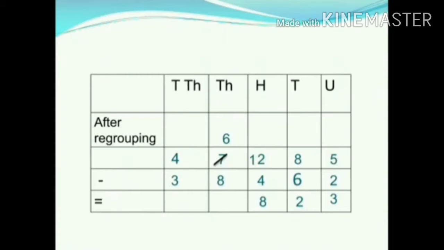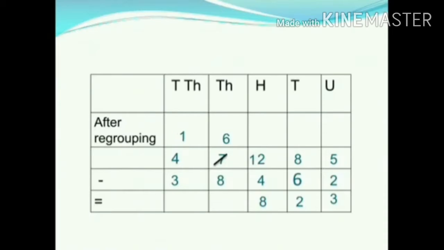Next subtract thousands place digits. They are 6 and 8. 6 is less than 8. 8 cannot be subtracted from 6. Hence borrow 1 ten-thousand from ten-thousands place. 1 ten-thousand equals 10 thousands.